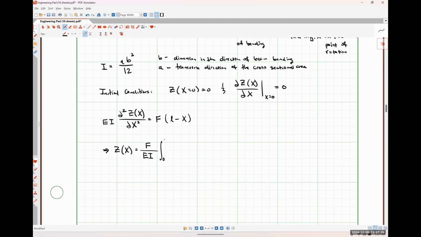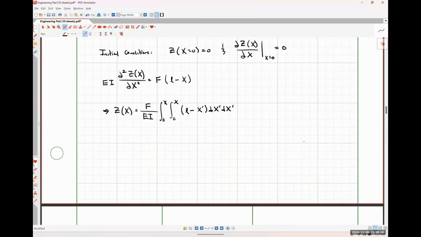So I'm integrating once with respect to x, again with respect to x, of lowercase l minus x prime dx prime dx prime, where I'm using x prime as a dummy variable for position because I have capital X in the limits of my integration. All of that is where along the beam I'm applying my force, okay?